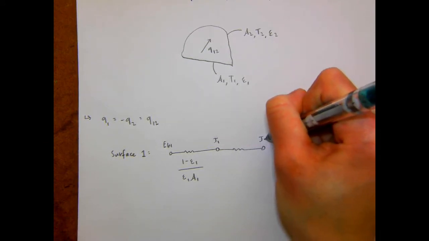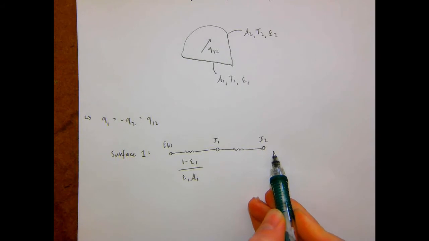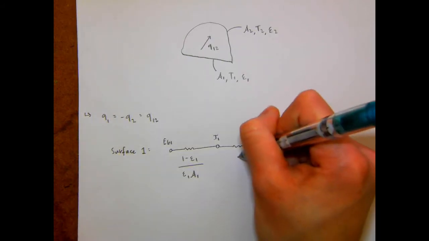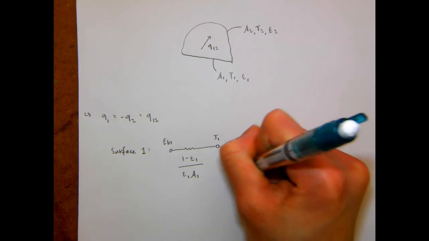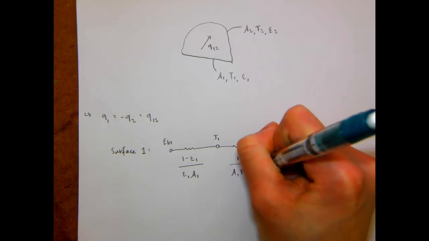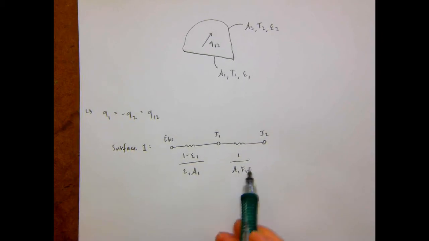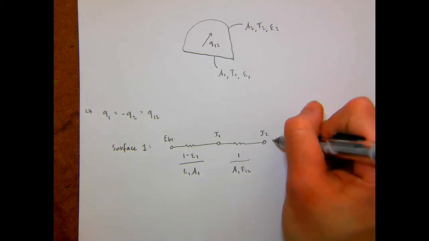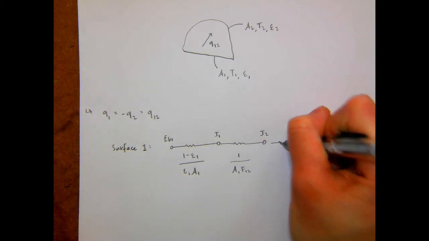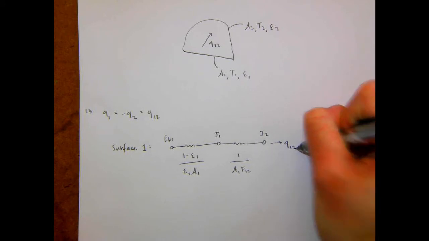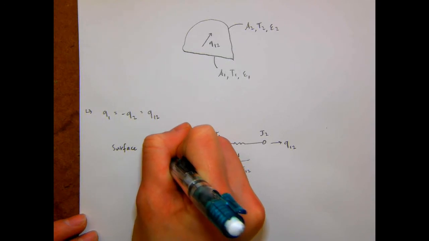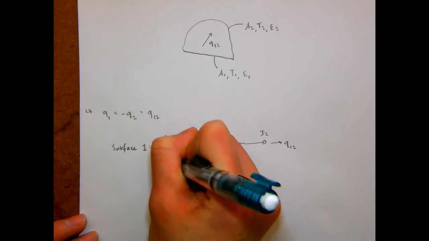And then the radiosity of the other surface, or the second surface that we're considering, which in this case is the only other surface. And again, there's some resistance between the radiation exchange between these two surfaces just due to the view factor. And this will be Q1 to 2. And then over here we'll have also Q1.